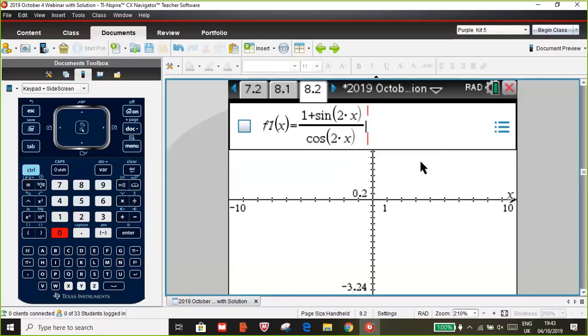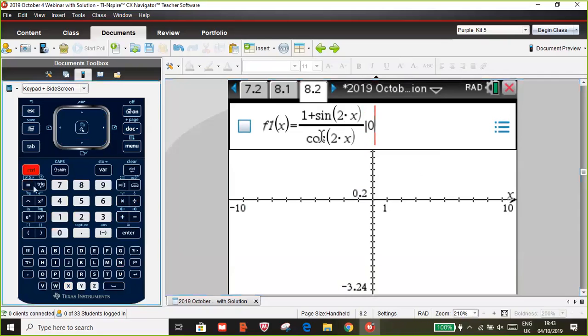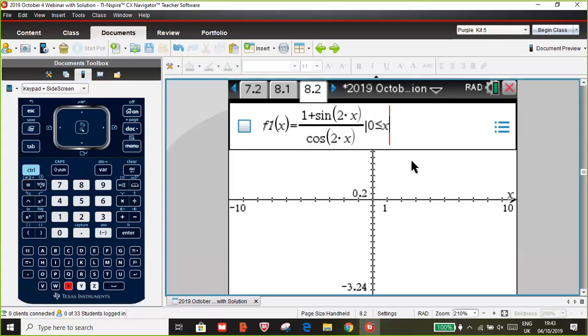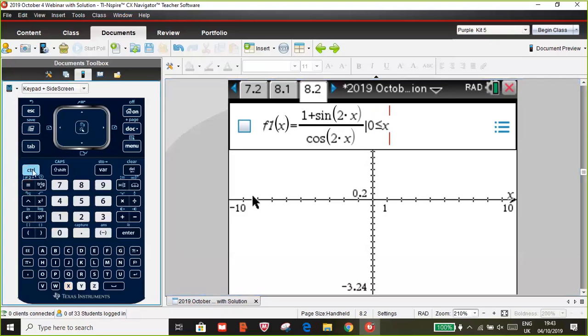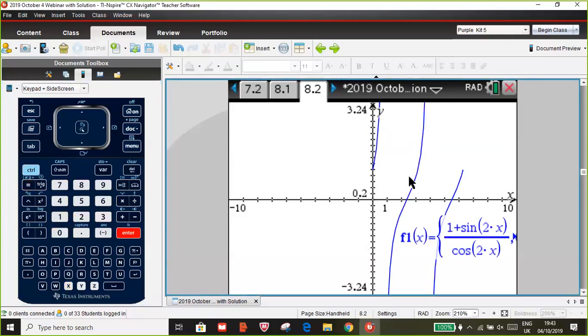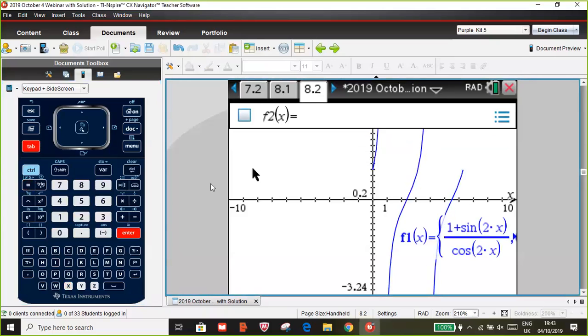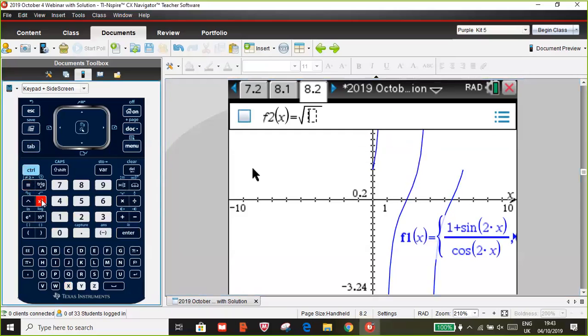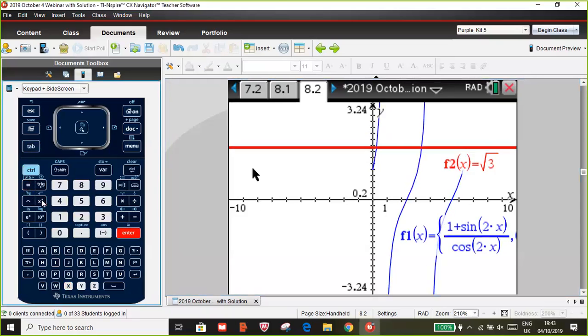0. Pi. Then draw the line root 3. Find the two intersection, blah blah blah.